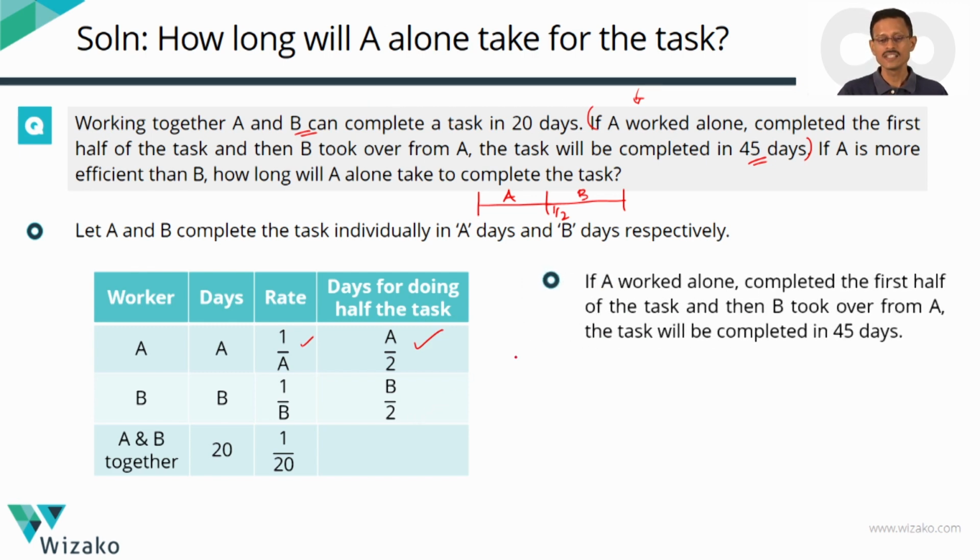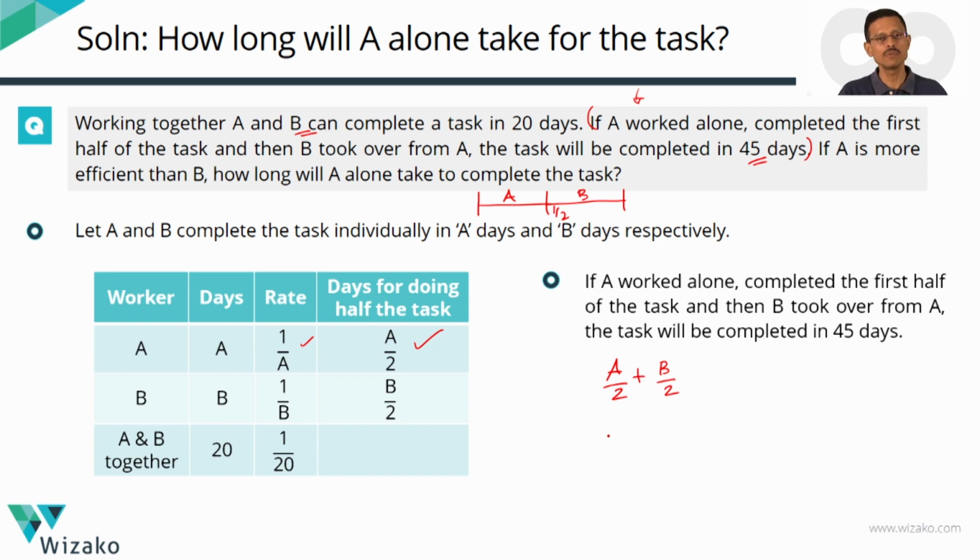The statement is, if A worked alone, completed half the task, and then B took over from A, then completed half the task, it will be over in 45 days. A takes A by 2 days to finish half the task. So many days would have been expended. Then B will take B by 2 days to finish the second half of the task. Together, how long will it take?